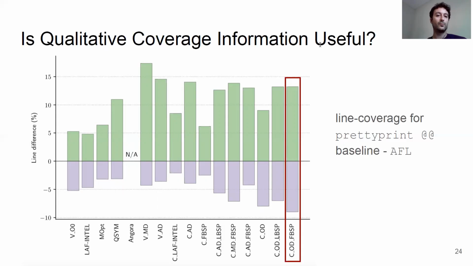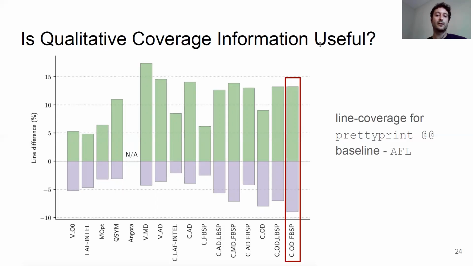Everything depicted in green above the 0 line is the number of lines, or the coverage, found by the fuzzer but not found by AFL, the baseline fuzzer. Everything below the 0 line in purple shows the coverage that is not found by the fuzzer, but is found by AFL.